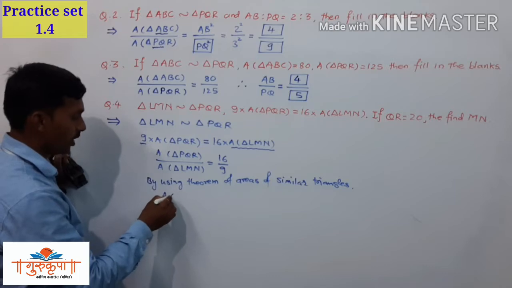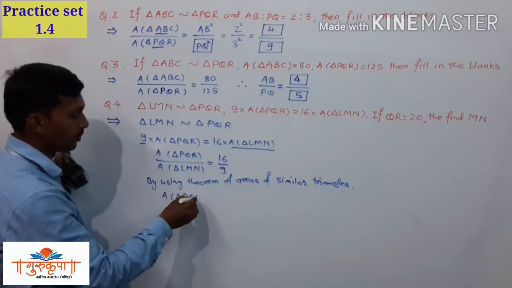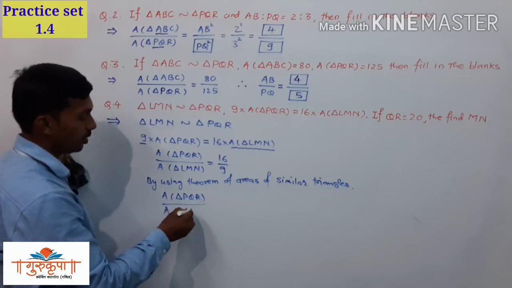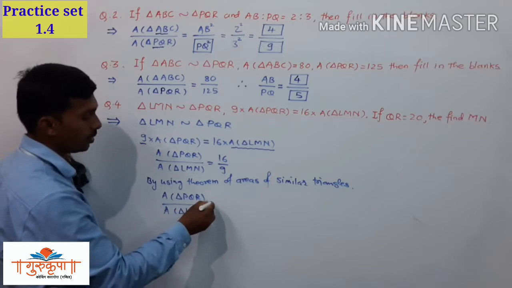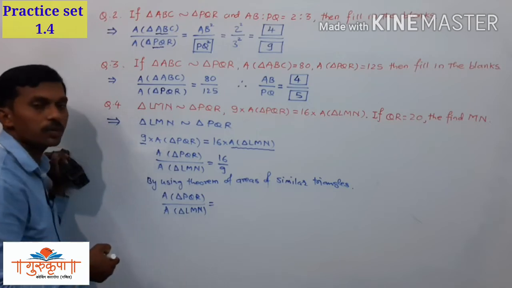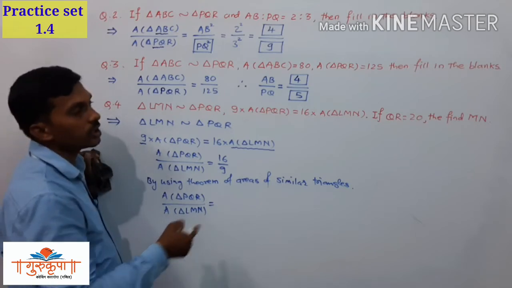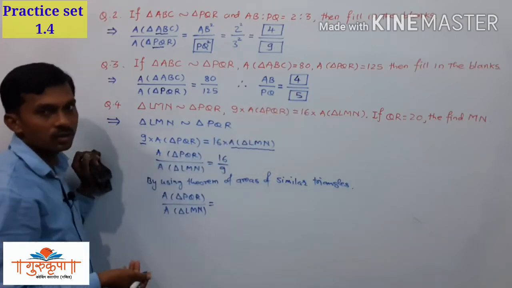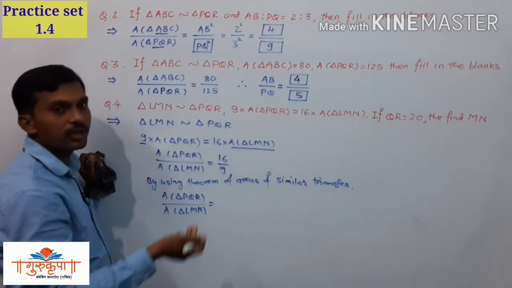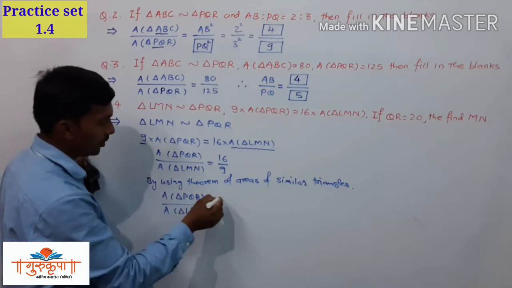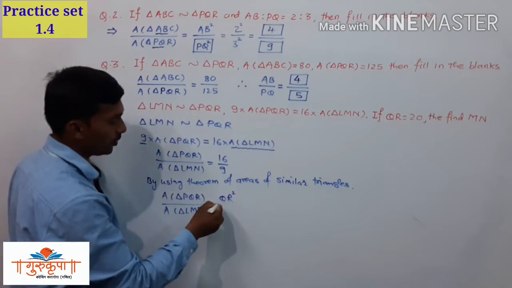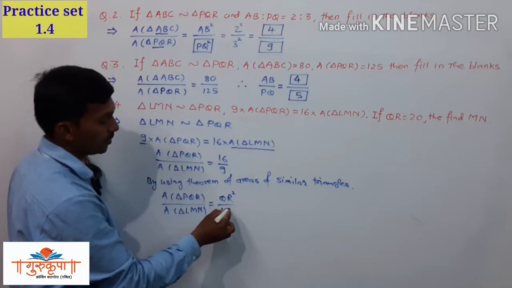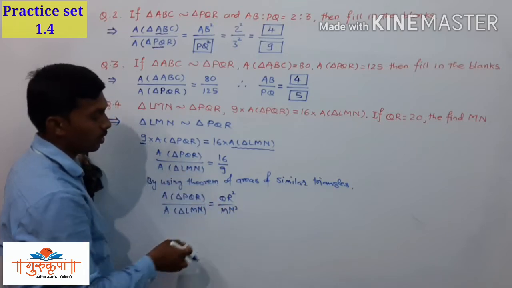So here we can write area of triangle PQR upon area of triangle LMN is equal to the square of the ratio of their corresponding sides. Which corresponding sides do we use? QR and MN. So we will write QR square in the numerator divided by MN square in the denominator. Now put the values here.